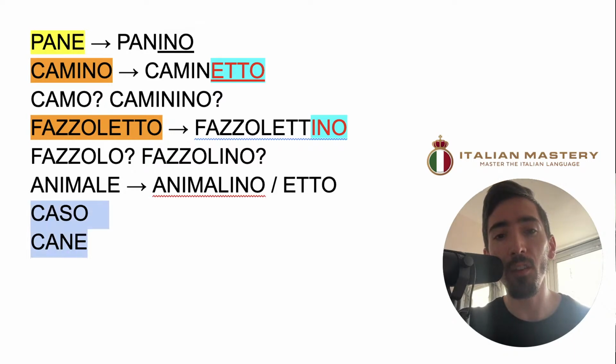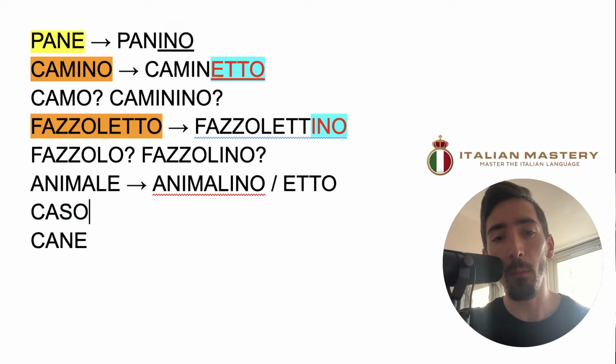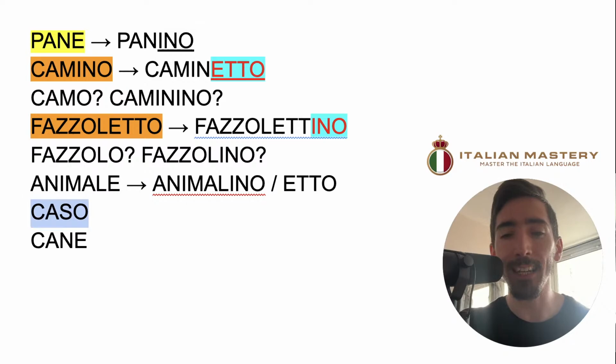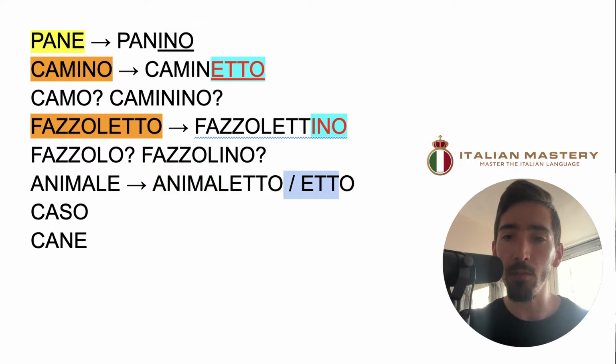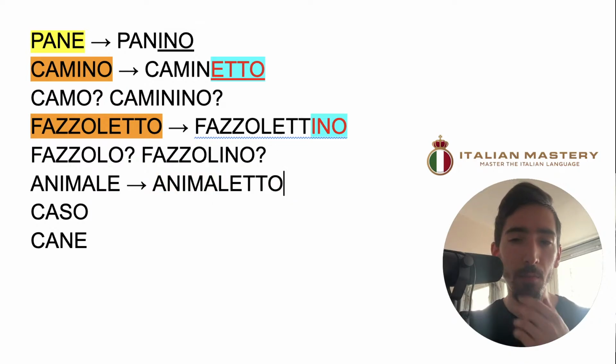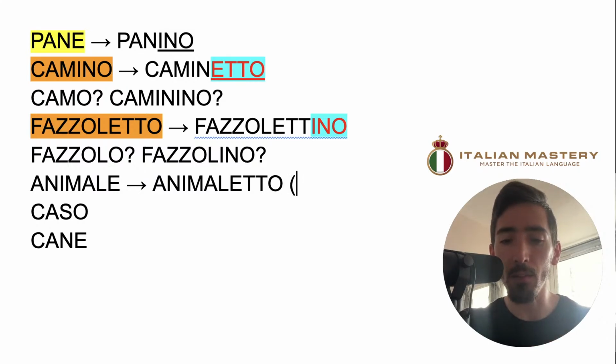Let's focus on these last two words, caso and cane. Animaletto, you see, animalino tells me that it's completely incorrect. I'm just going to put it in parens here.